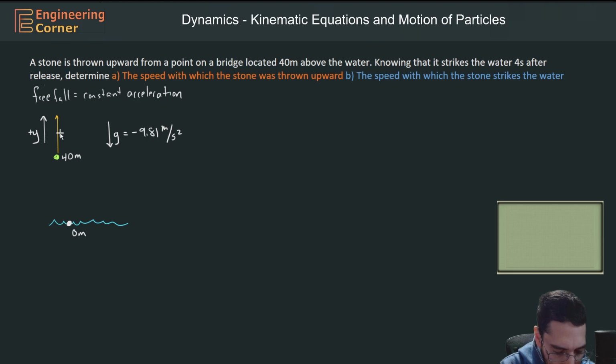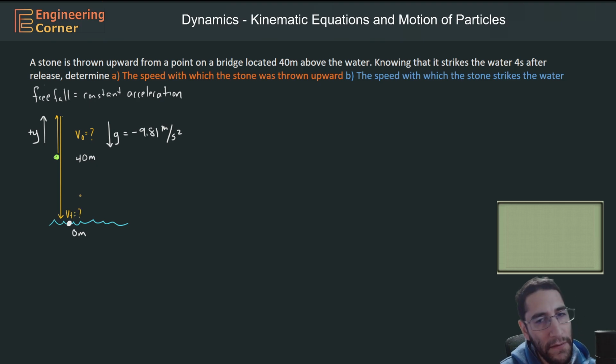So we throw it upward with some initial velocity, and then it's going to come back down. Remember, it doesn't move sideways. I'm just drawing it offset because we need to visualize it, but it's actually straight up and down. And this final velocity right here is also unknown.